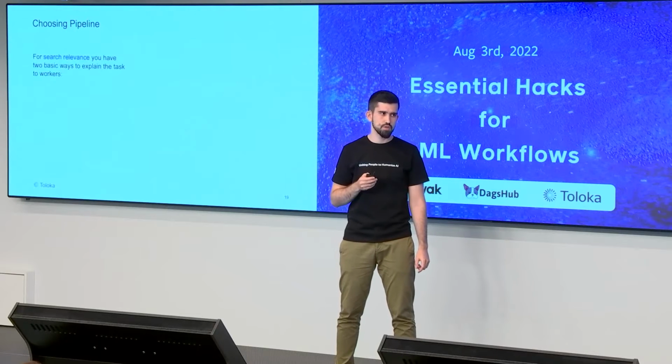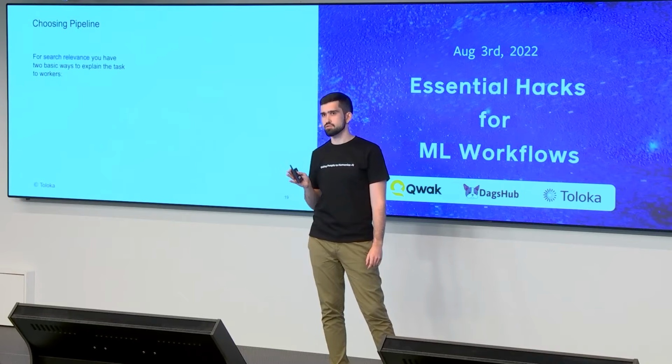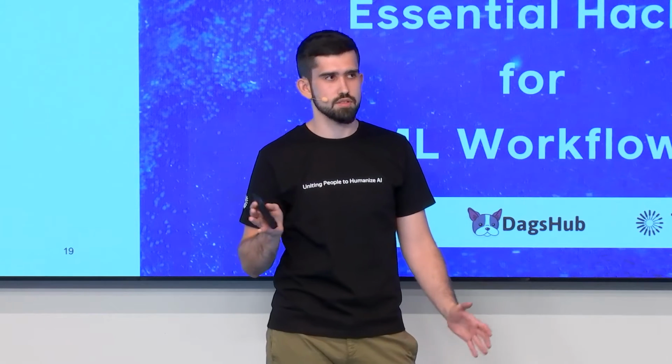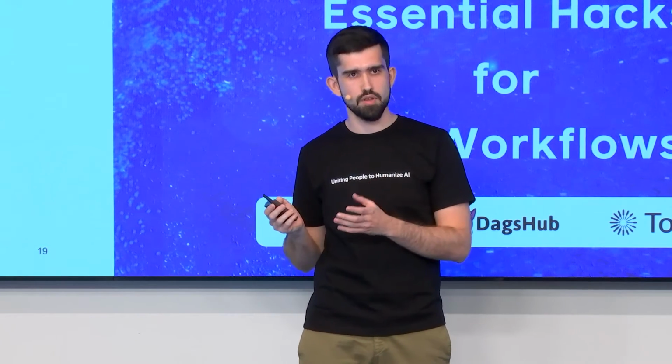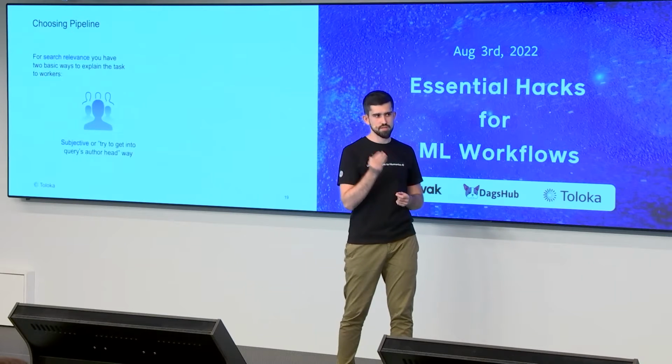When speaking about search relevance, you can imagine two types of training. Imagine you should tell people to decide whether this product is relevant to the query or not. You have a subjective way.